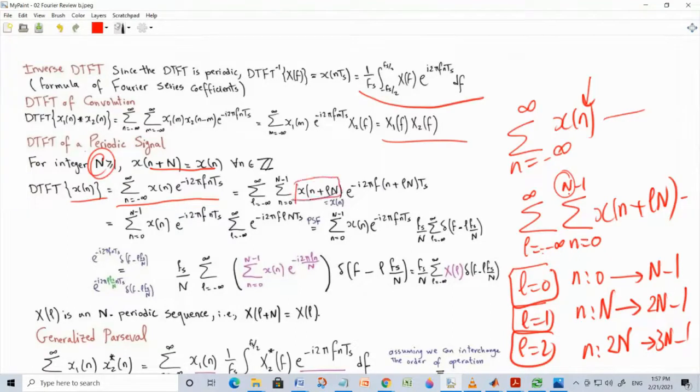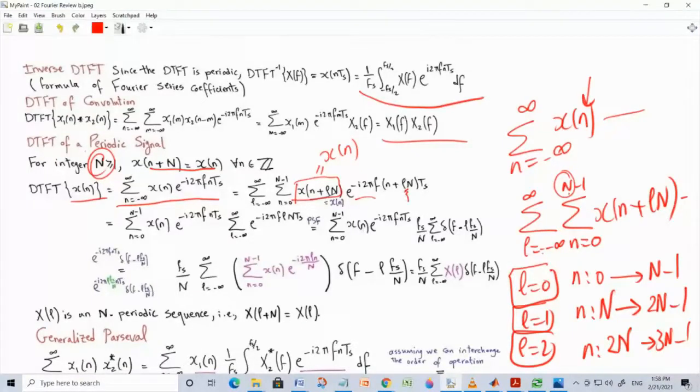So what is the advantage of something like this? Now look at this thing. Signal x itself is periodic with a period big N, so this is equal to x of n. So this thing here will no longer be dependent on the index small l. It will just depend on small n because of periodicity. This will allow us to rearrange the terms, because now the only term that depends on small l will be this exponential.